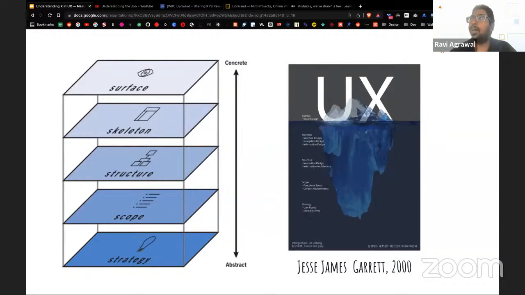If I had to give you an example of UX as strategy, think of Google App Store. If you were to use Google Movies, you have to rent every single movie that you want to watch.